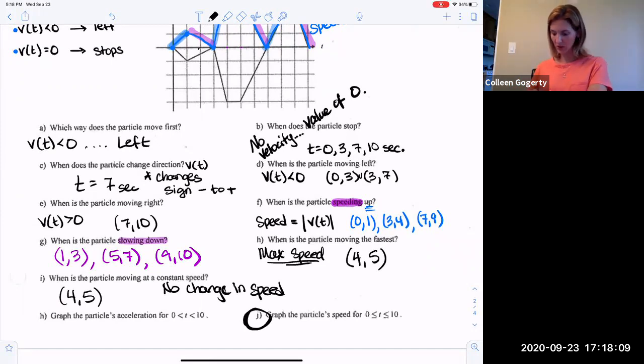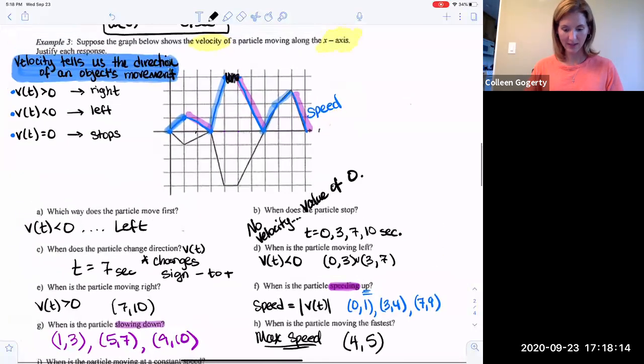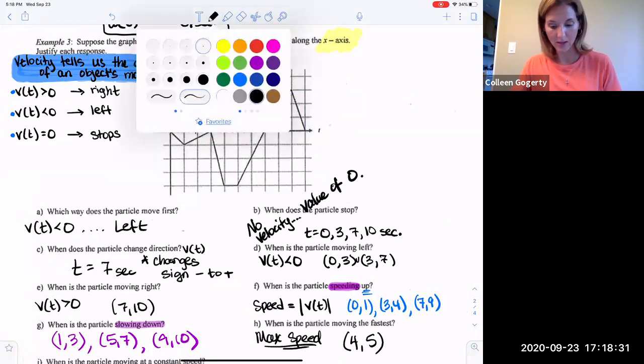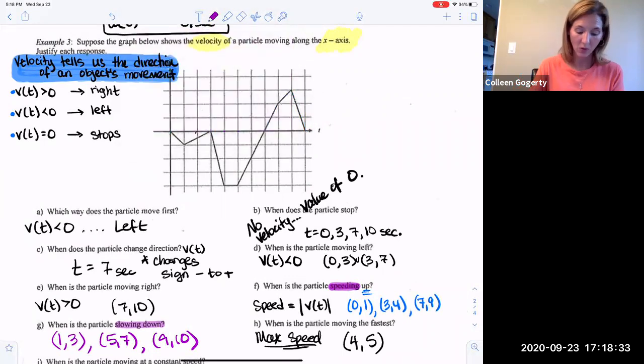So when it comes to acceleration, let's come back down to this. I need the derivative of this graph. If we're going to look at the derivative of this, we need to plot out the lovely slopes. So what would I think this slope is going to be from here to here? Looks like it's probably a -1.